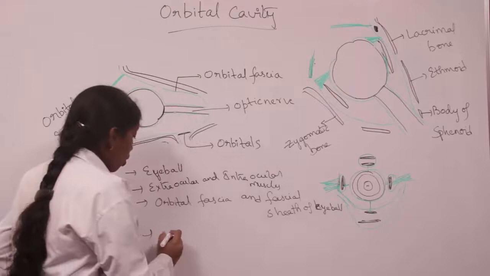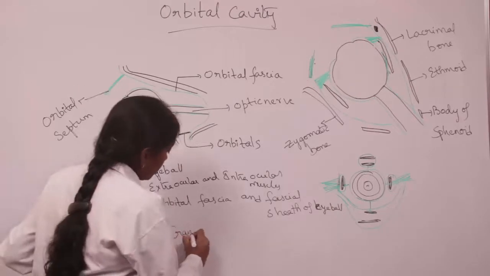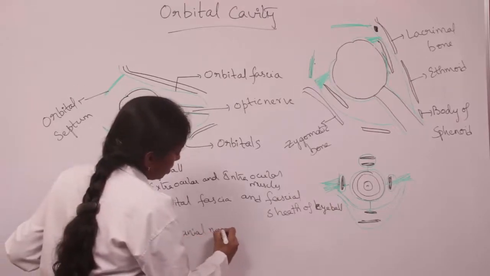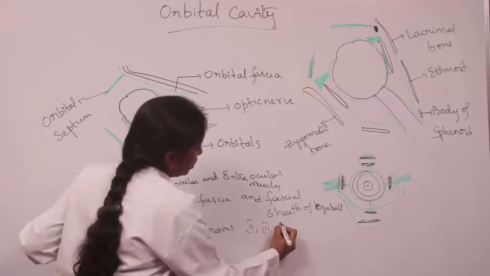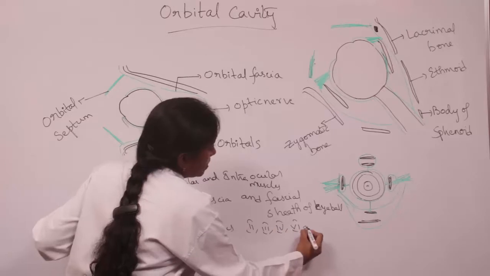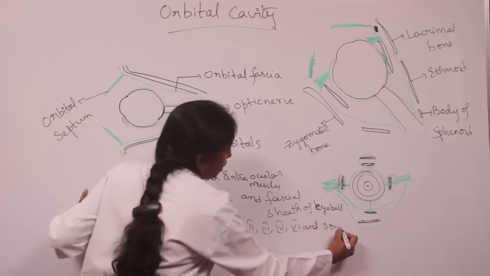And also cranial nerves: the second, third, fourth, sixth and some part of the fifth cranial nerve, the trigeminal nerve.